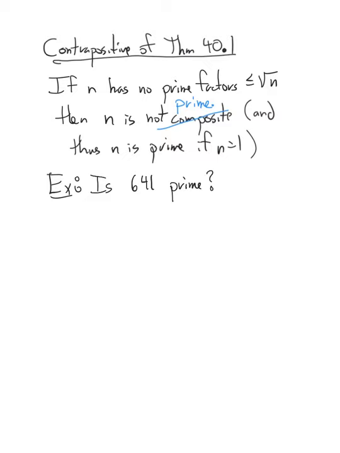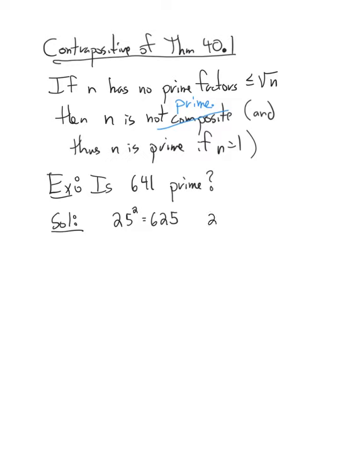So this, in some sense, is a hard problem. Well, let's use our theorem here. We need to figure out what the square root of 641 is. Well, if we have a calculator, we can do that. But if not, we can just estimate, figure out what it's between. I know 25 squared, you can check with the calculator, is 625. Or you could just do it on paper.